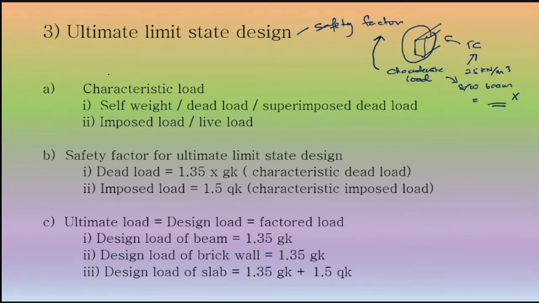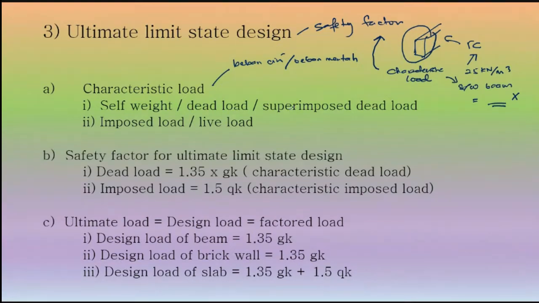Okay. So kat sini saya list semua ni, saya akan explain satu-satu. So first kita tengok dulu characteristic load. Characteristic load ni apa dia? Beban ciri guys, beban mentah. Apa dia yang dikatakan characteristic load ni? Dia adalah self weight, dead load, dan superimposed dead load.